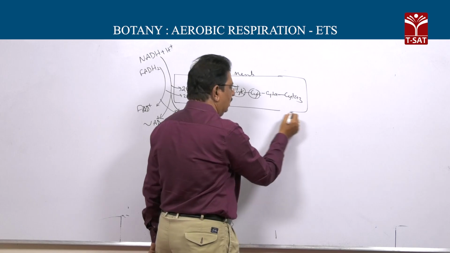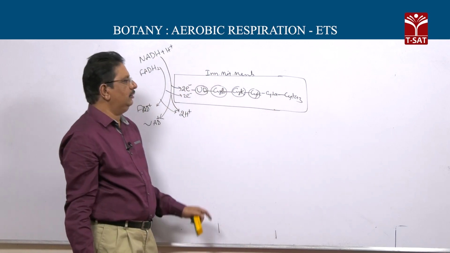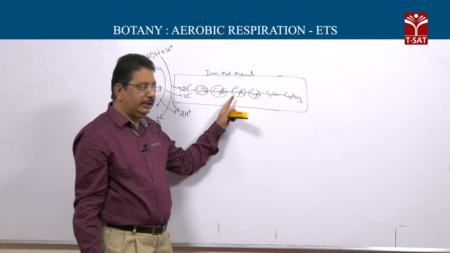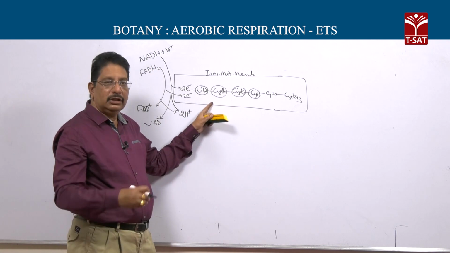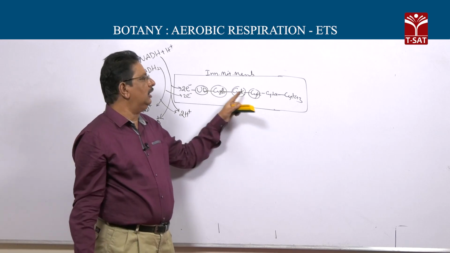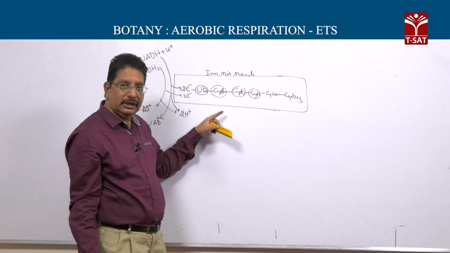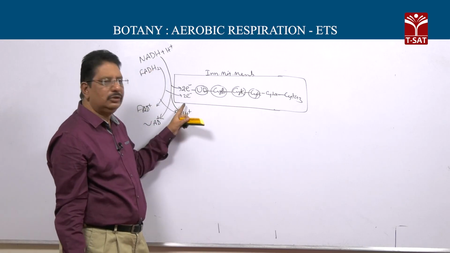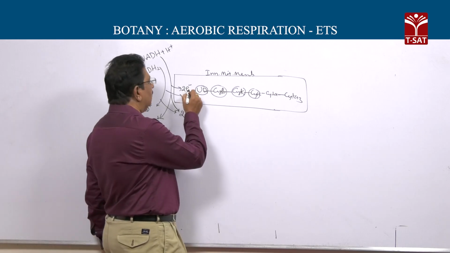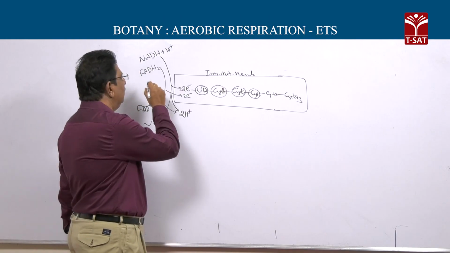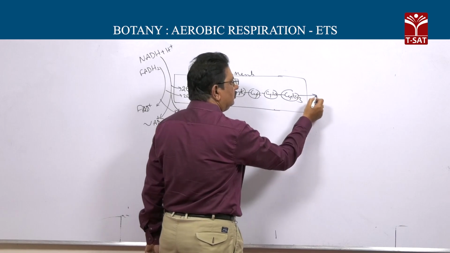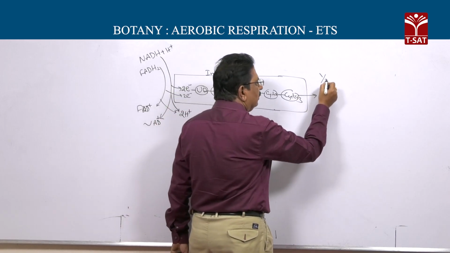These are iron-containing organic compounds which act as electron carriers, and they undergo a series of electron acceptance and electron loss, that is reduction and oxidation. So through a series of oxido-reduction reactions, the electrons of NADH or FADH2 finally transfer to an oxygen atom.